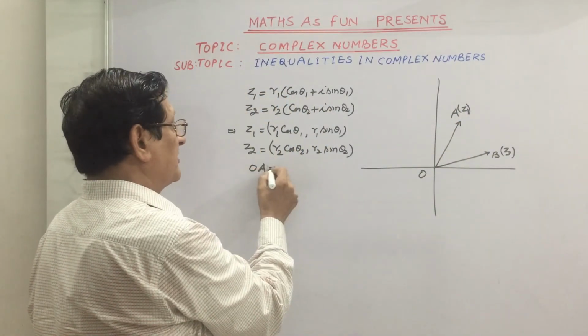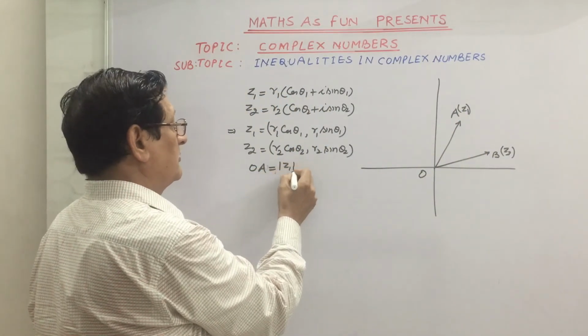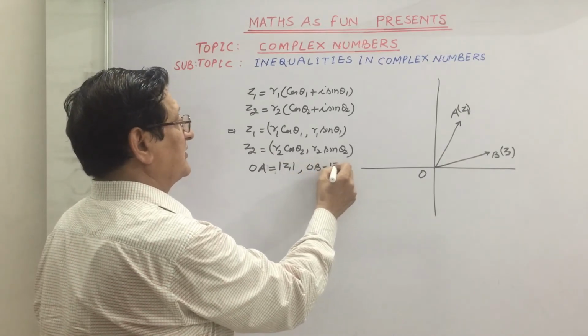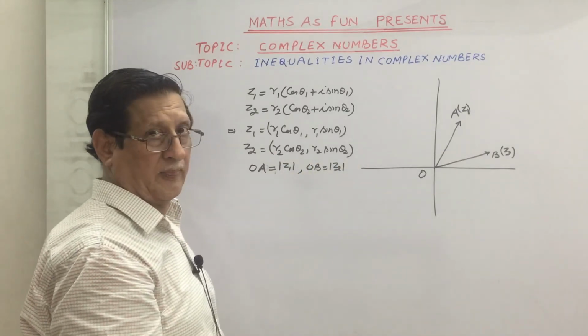OA is representing the modulus of Z1 and OB is representing the modulus of Z2.